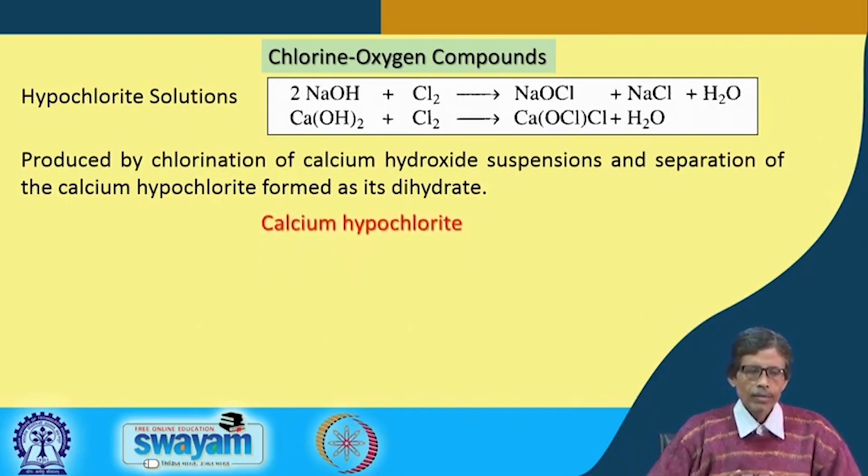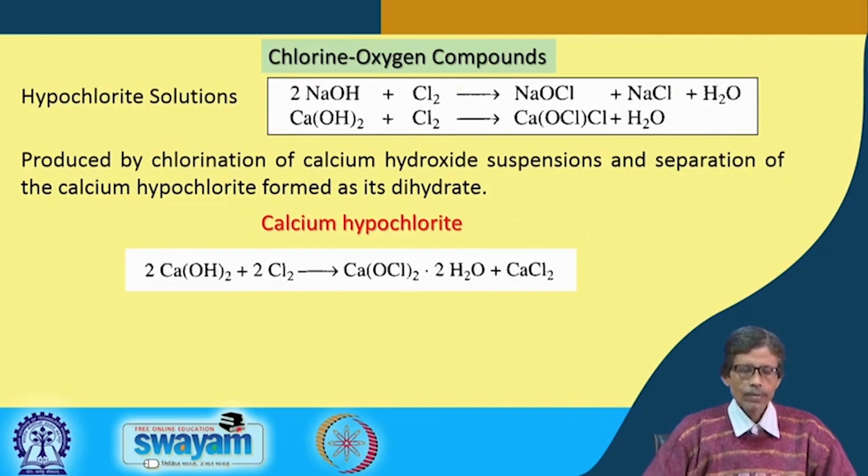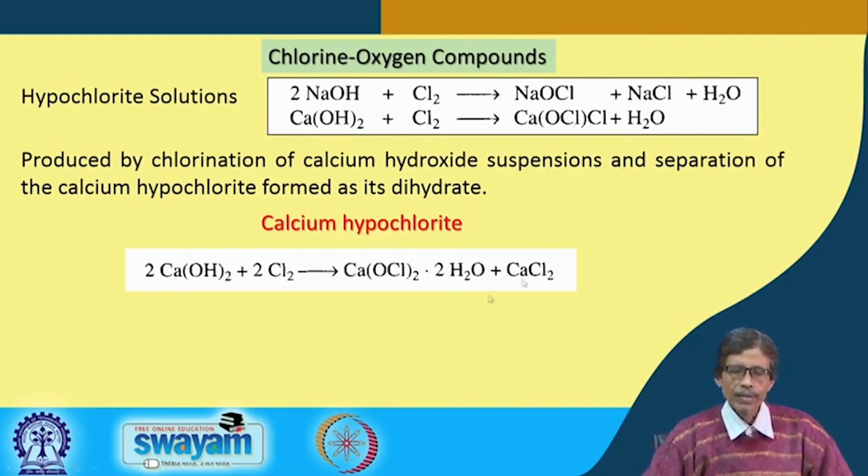If we are able to substitute the second chloride ion of the calcium center by hypochlorite ion, we have to use excess Cl2. So, Cl2 concentration is increasing, as well as your calcium hydroxide is reacting with two molecules, giving you Ca(OCl)2 dihydrate. That is a different type, it is not the bleaching powder. Bleaching powder was your CaOClCl. So, this is the calcium hypochlorite.